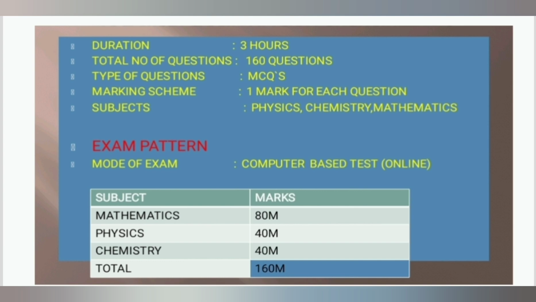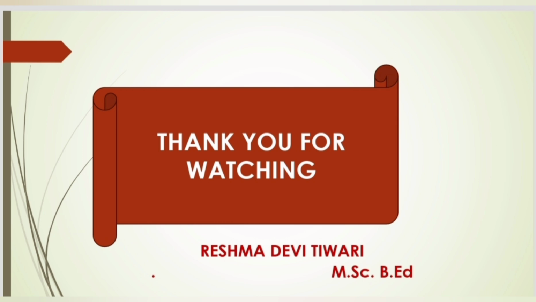Totally 160 questions will be asked and total marks are 160 marks. And qualifying marks for this EAP set are 40 marks. So these are the exam pattern and marking schemes for JEE Mains, Advanced, Neet and EAP set entrance exams.